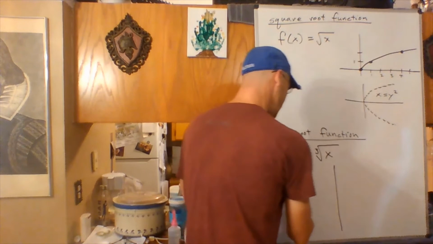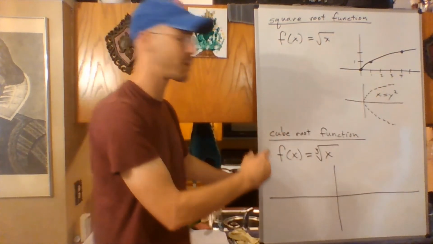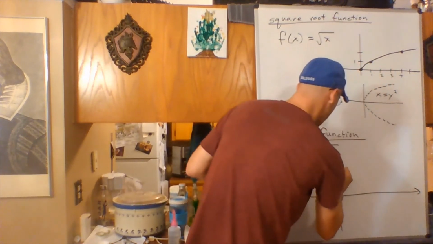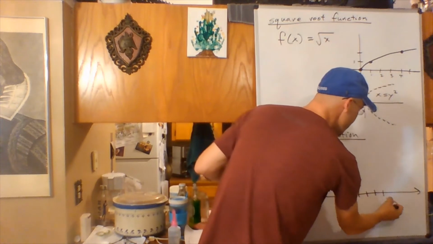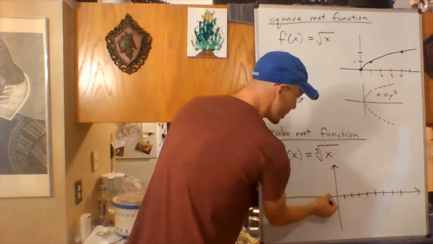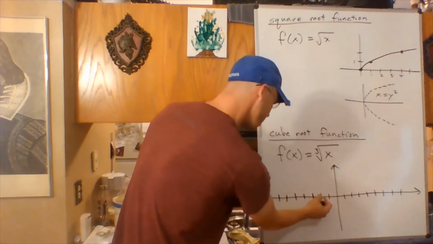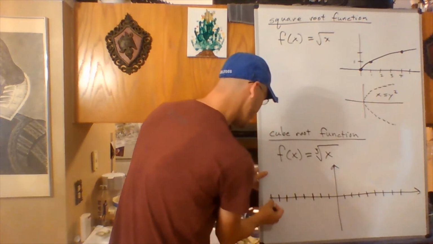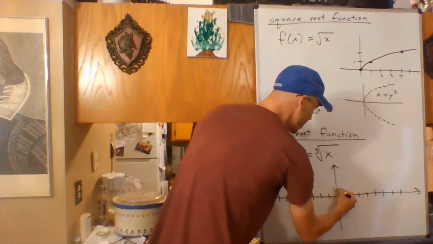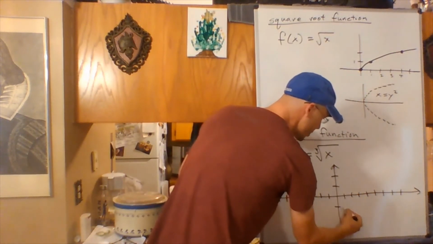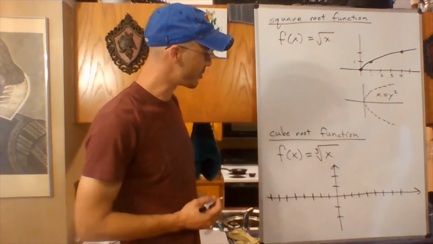I want to get some larger numbers on the x-axis rather. So on the x-axis, we're going to go up to 1, 2, 3, 4, 5, 6, 7, 8, and -1, -2, -8. And we'll only need to go up a little ways and down a little ways on the y-axis because, well, you'll see from the shape of the graph.